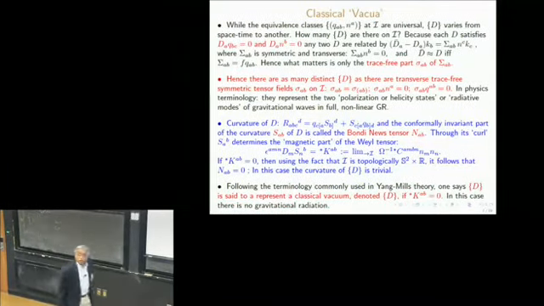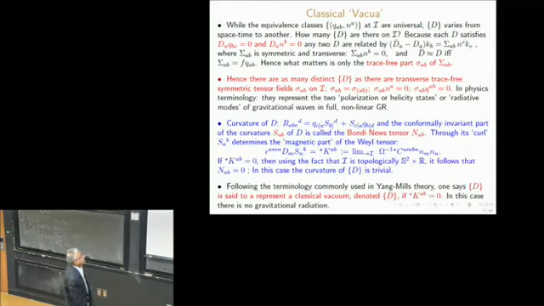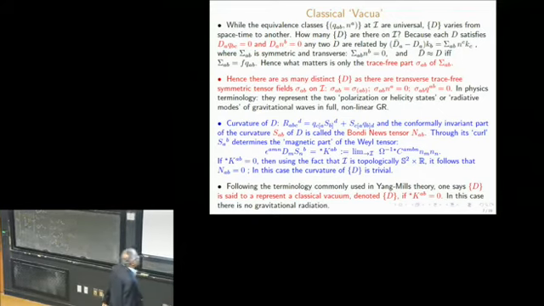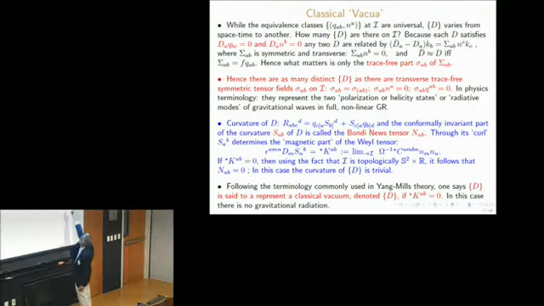But now there's a notion of classical vacua, and this is borrowed from Yang-Mills theory. While the equivalence class of q_AB and N^A at Scri is universal, the equivalence class of connections varies from one space-time to another. So you ask, how many such D are there on Scri? Well, because each of these D satisfies those compatibility conditions, any two of them are related by a tensor of this particular type.